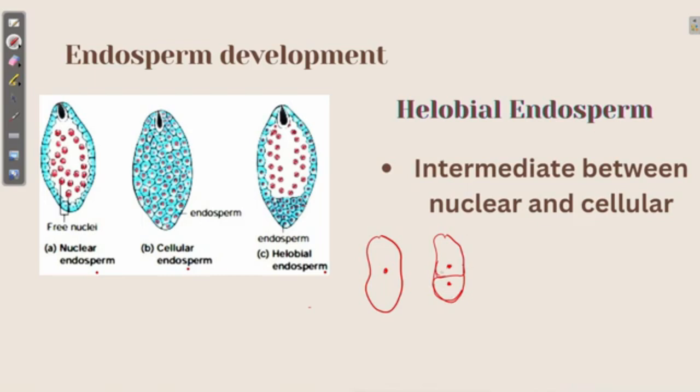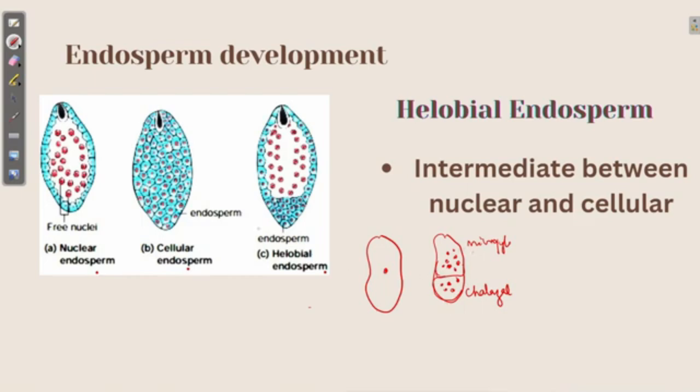So it divides the embryo sac. Imagine this is the embryo sac, and this divides the embryo sac into a small chalazal end and a bigger one. When compared to the chalazal one, the micropylar end is bigger. Free nuclear division is followed in both chambers, the micropylar and the chalazal as well. But comparatively, the divisions inside the chalazal chamber are fewer than in the micropylar chamber.